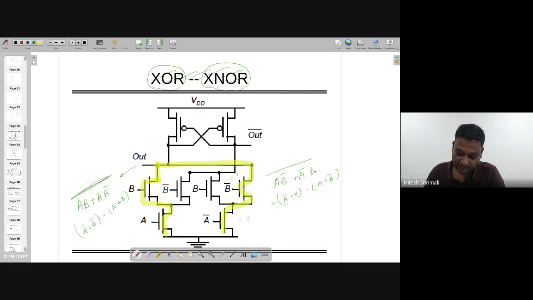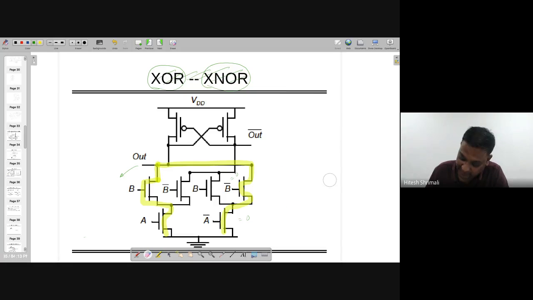Okay, so you can see I'm connecting the load as a latch. So it's a back-to-back connection of inverters. When one of the nodes is connected to, let's assume, VDD, and the other node is going towards 0, at that time when it's 0, this is going to be off.